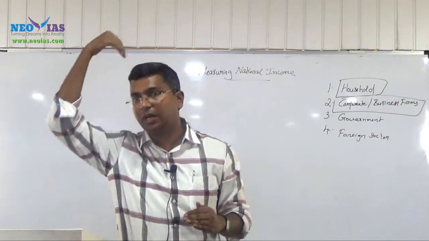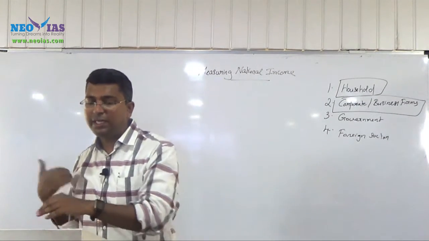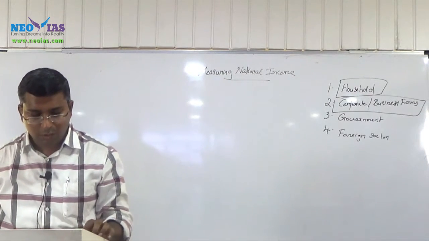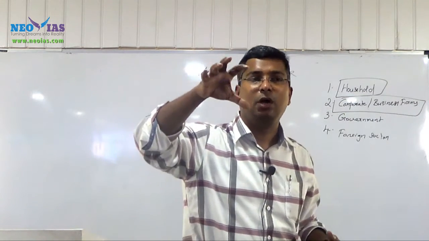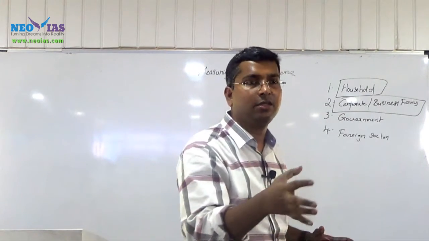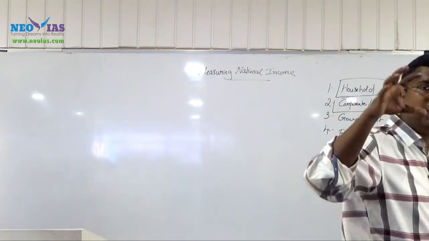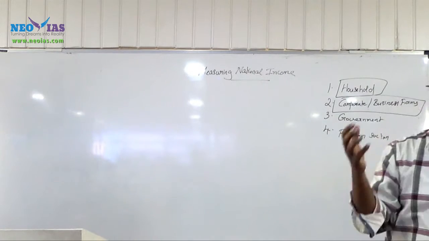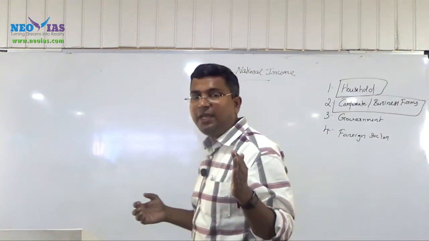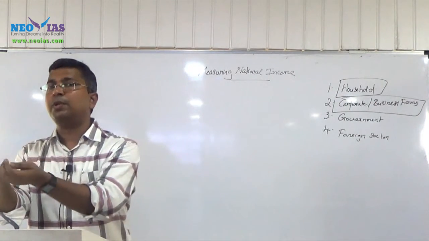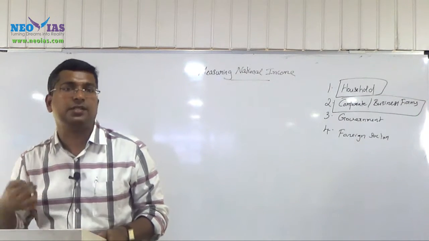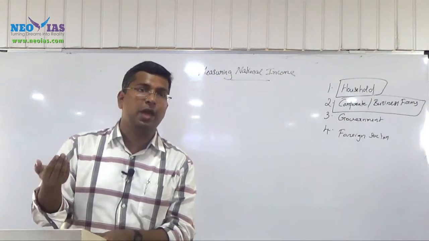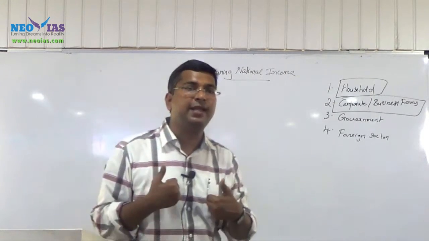Then when it comes to the downside, we have the demand side. Now, the business firm will give goods and services to the household. In return, the goods and services provided by the business firm will be purchased by consumers like us, and from our side it is an expenditure.